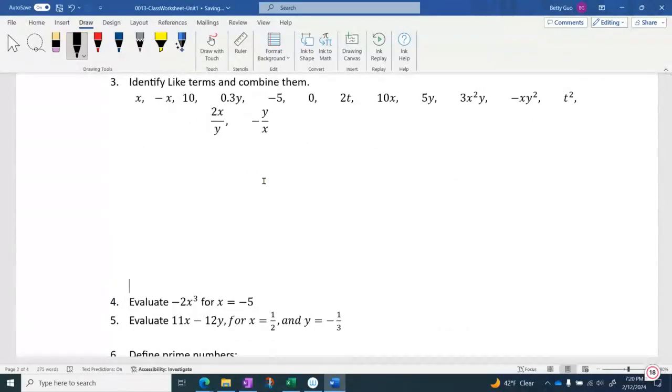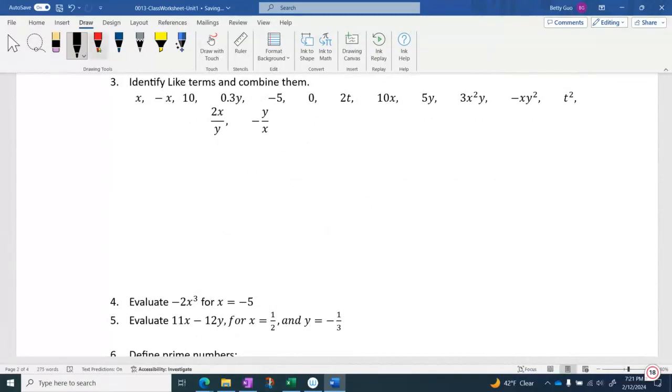Number 3, identify like terms and combine them. We just covered what are like terms and how do we combine like terms. So here we are going to practice. We have a bunch of terms here, okay? We can identify. Let me add one more thing. Determine if they are terms, and then identify like terms, and then combine those like terms.